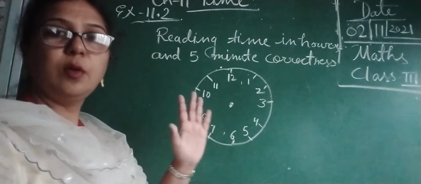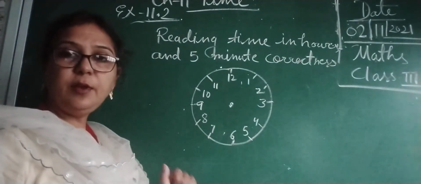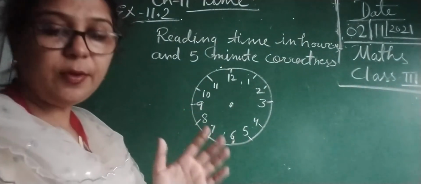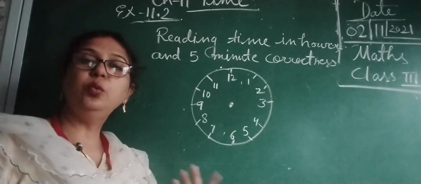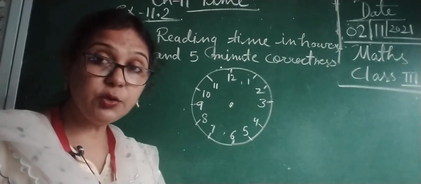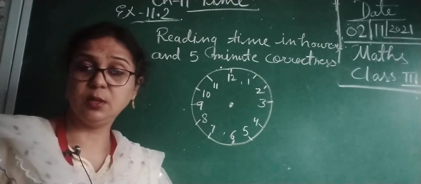So this is your clock, and now children, suppose we want to show 2:35, how can we show it?